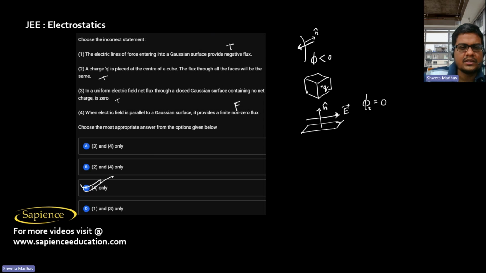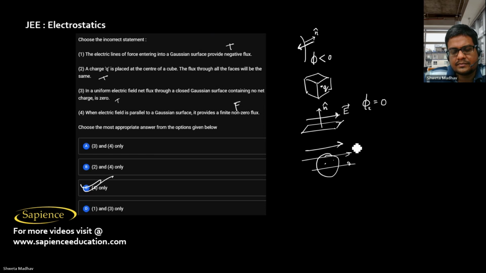In a uniform field, if there is a uniform electric field outside, then through a closed Gaussian surface which has no net charge, the net flux will be 0 only. Why?